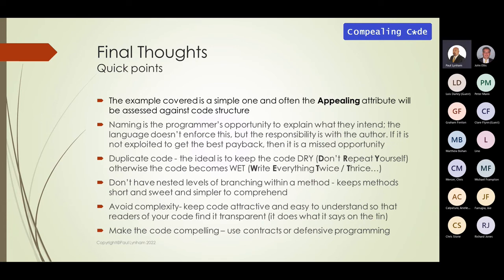You want to avoid complexity, and it's not always easy to do, I admit. Keeping your code attractive and easy to understand, so readers of your code find it transparent. And this often comes with experience. There's a bit of swings and roundabouts.